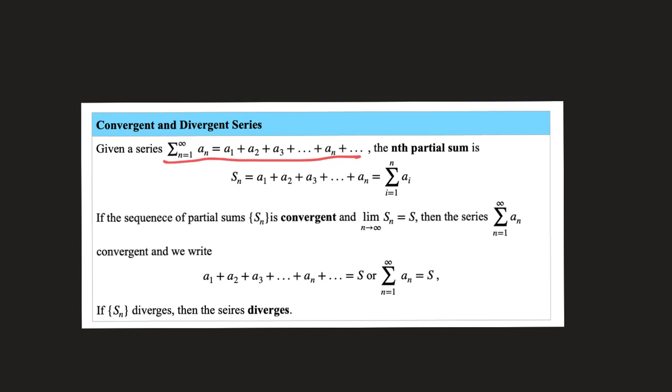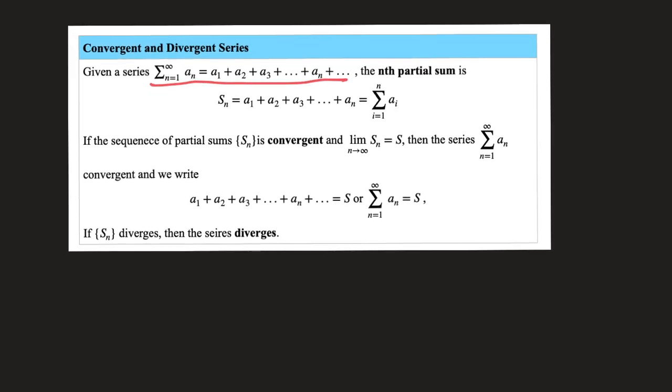The partial sum is Sn, and the general term is right there. S1 is A1, S2 is A1 plus A2, and Sn is the partial sum A1 to An.